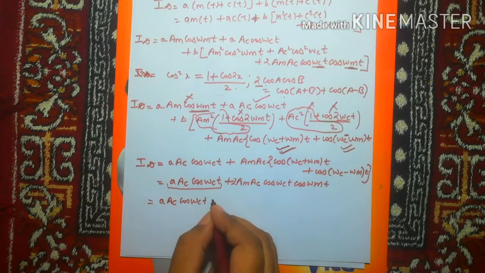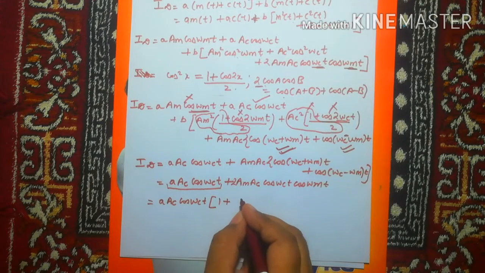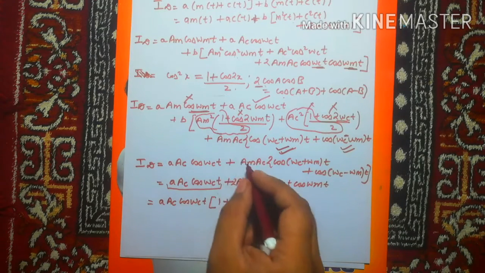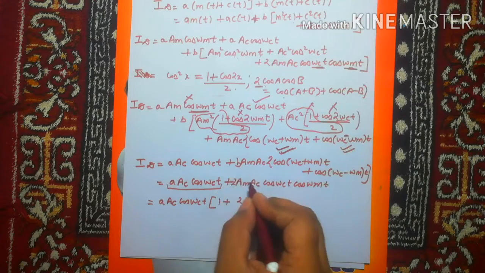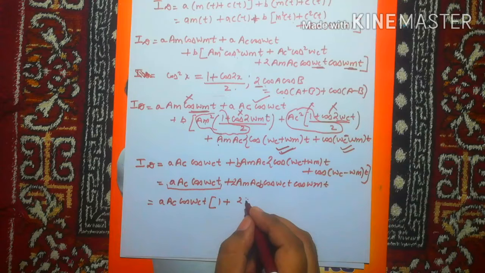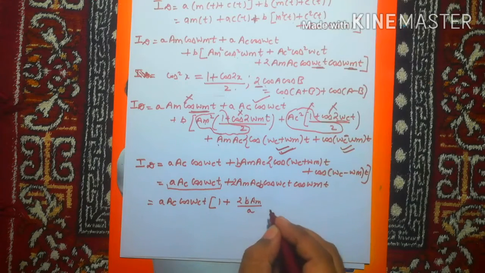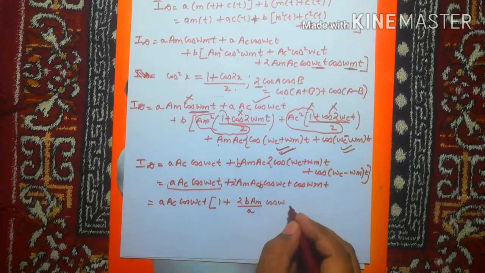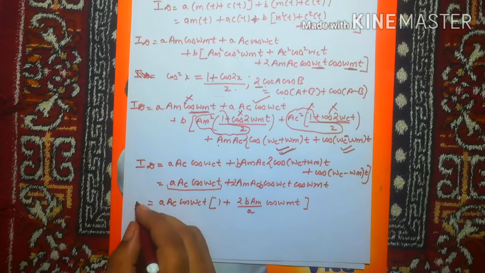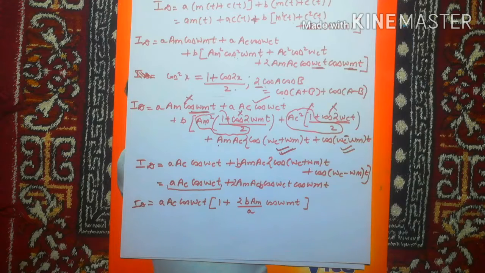Sorry, we have to put B also here, because B gets multiplied with this term also. So what remains is 2B Am by A cos of omega mt. So we have got the output of the band pass filter like that.